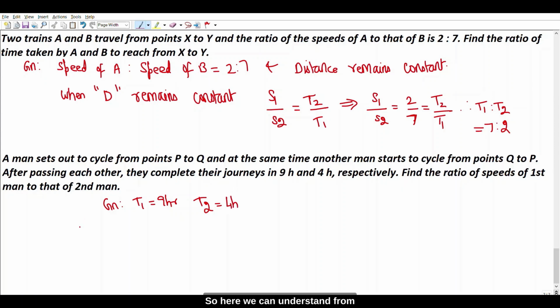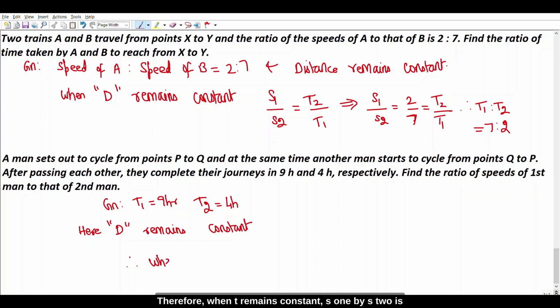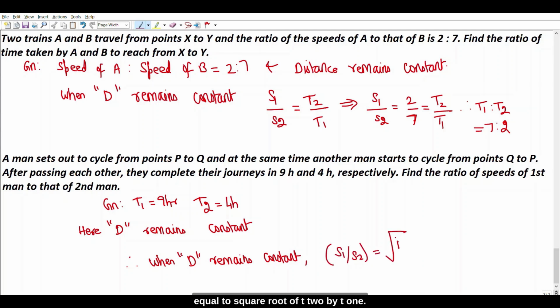So here we can understand from the question that distance remains constant. Therefore, when D remains constant, S1 by S2 is equal to square root of T2 by T1.